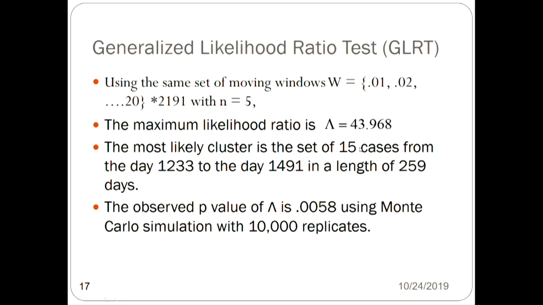Remember, the total cases were 35, so there is clustering in this time period. And then the p-value, which we can calculate based on simulation, is less than 5%, which is significant.